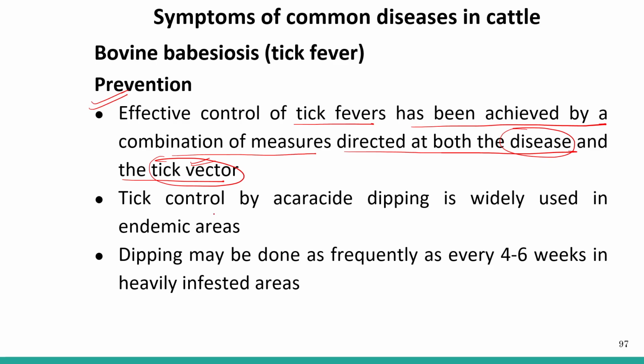Tick control by acaricide dipping is widely used in endemic areas. Dipping may be done as frequently as every 4 to 6 weeks in heavily infested areas. Ticks can be controlled in this way.